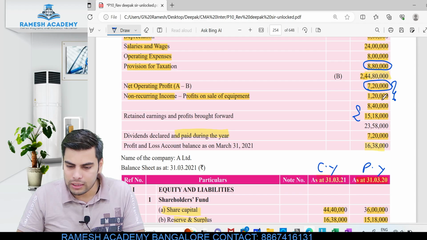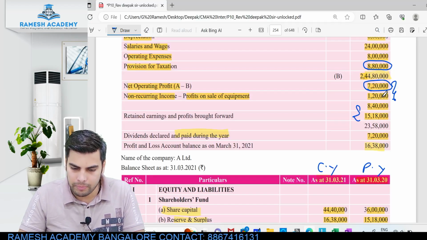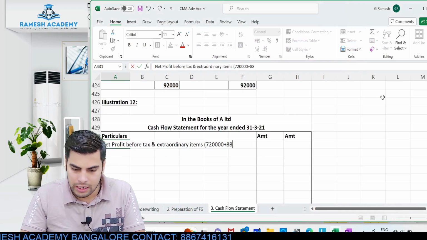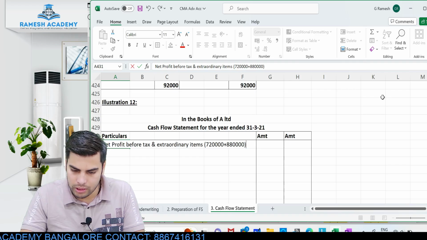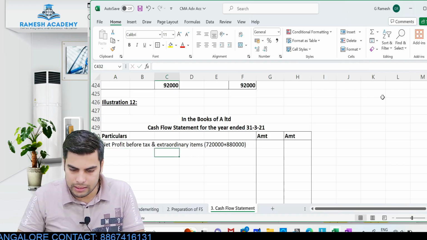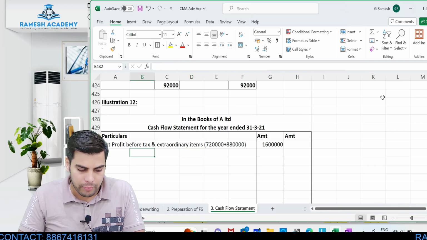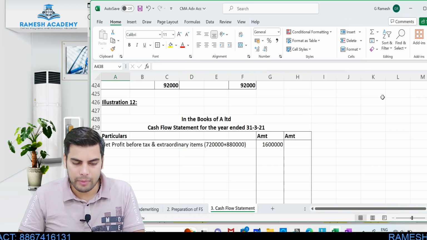So anyway I am not considering this 1,20,000, so therefore ordinary income 7,20,000 plus the taxes, which is 8,80,000. So how much would be the total? 7,20,000 plus 8,80,000, this would be like 16 lakh rupees. So 16 lakh rupees would be the net profit, before extraordinary item and taxes.